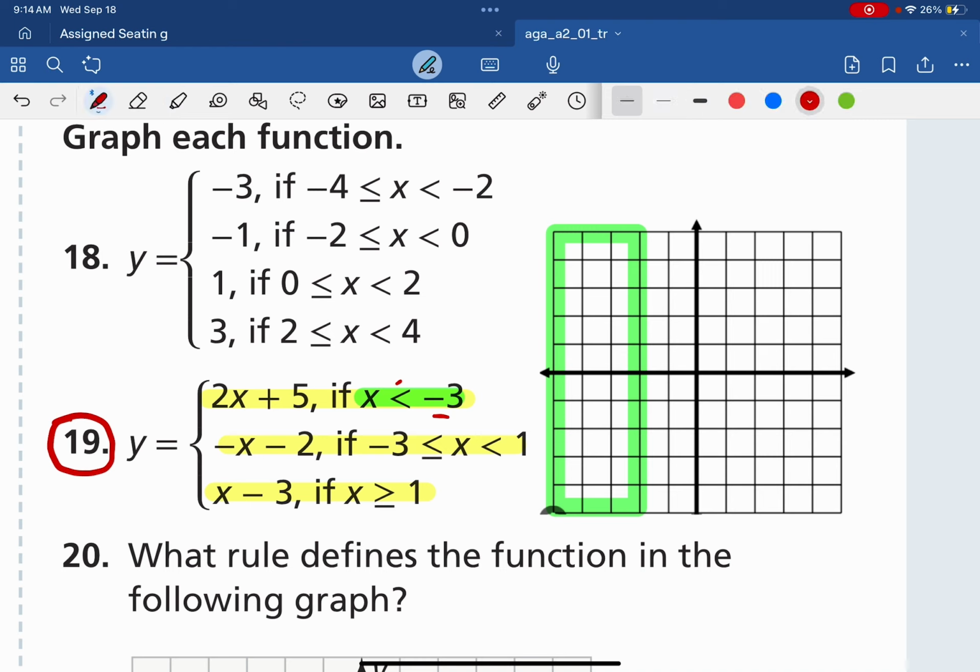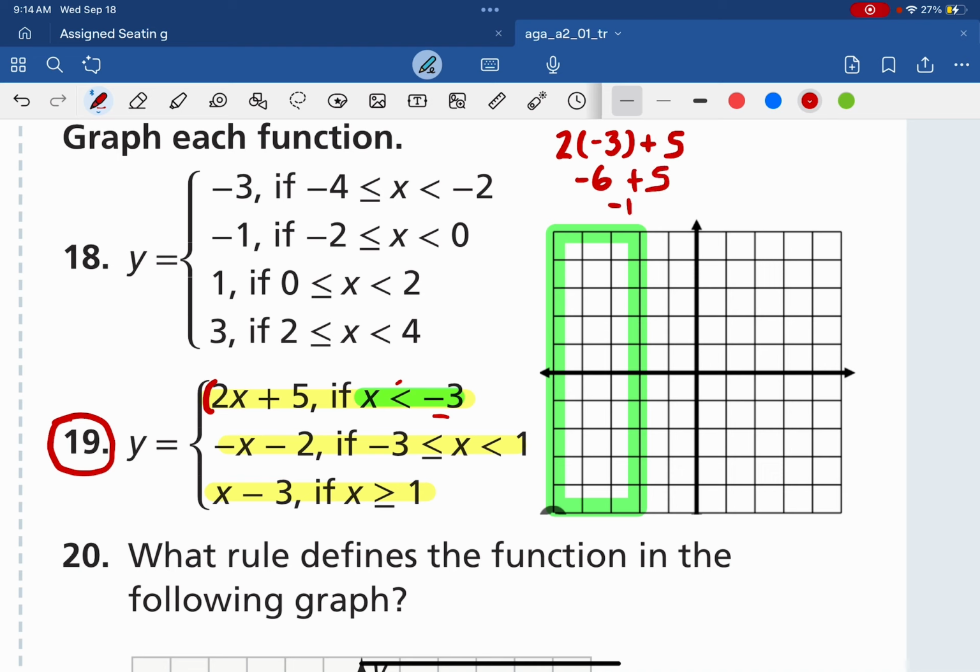Okay. So for x less than -3, my function follows 2x plus 5. So let me figure out the first value of my function by plugging in -3. I have 2 times -3 plus 5, which is -6 plus 5, which is -1.